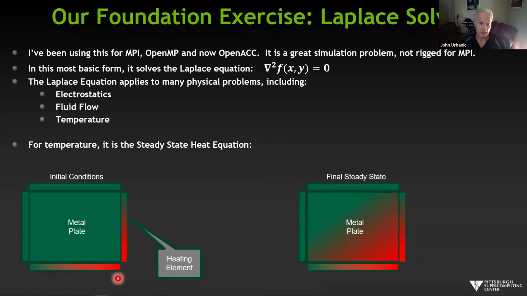If we heat the plate up like this, where we have a very hot corner down here, a heating element that's 100 degrees, and the temperature tapers off to 0 degrees in both corners and 0 degrees on these two edges, we might expect that our final configuration might be a gradient, something like this. The metal plate ends up being very hot in this corner and cooler as we go across the plate. And so this is how we should expect the result to look.